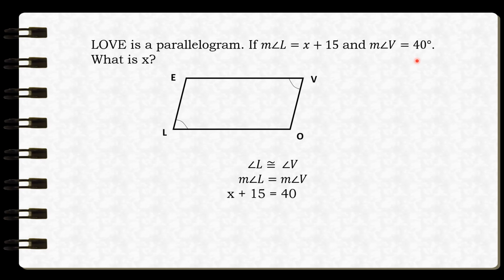To isolate x, we are going to have the equation x is equal to 40 minus 15 using the addition property of equality. So we subtracted 15 from both sides of the equation. So we came up with x is equal to 40 minus 15. Then combining 40 and 15, we have x is equal to 25.